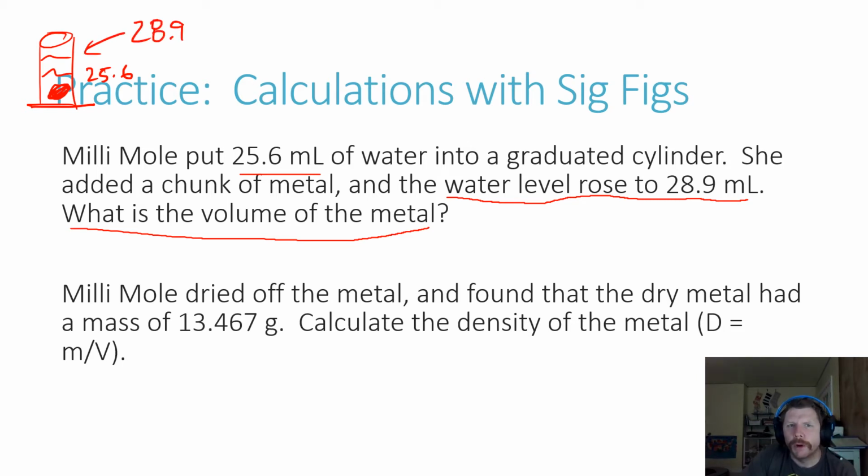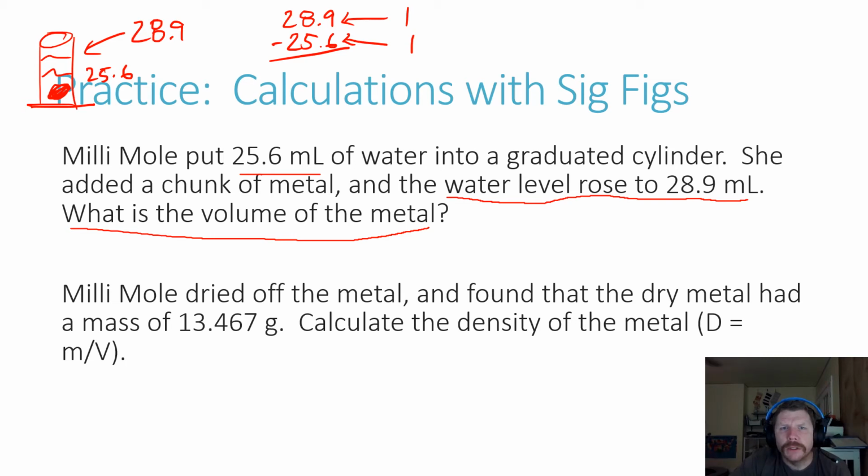So I want to say 28.9 minus 25.6. The reason I'm subtracting those two is that the difference between them is the volume of my substance. Before we proceed, how many decimal places? 1 and 1, so our answer is going to have 1 decimal place.